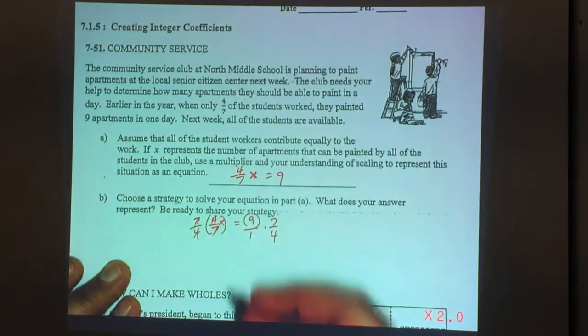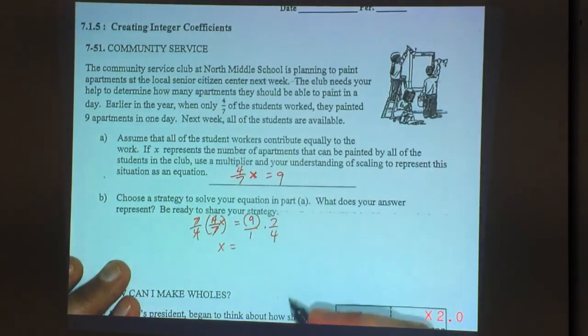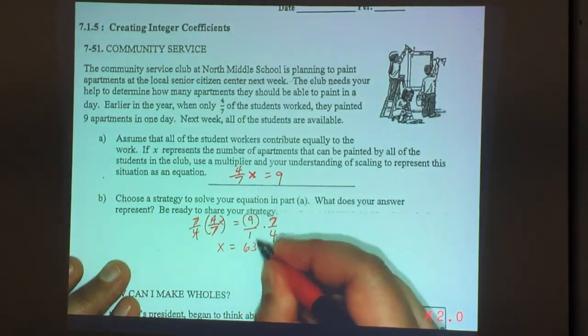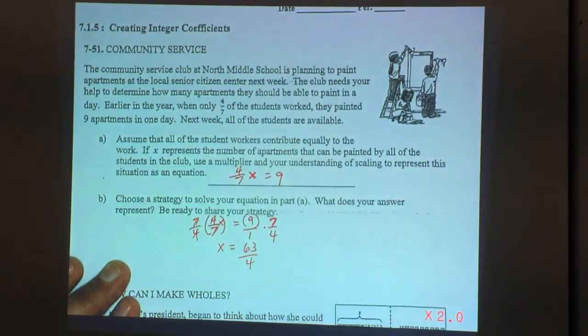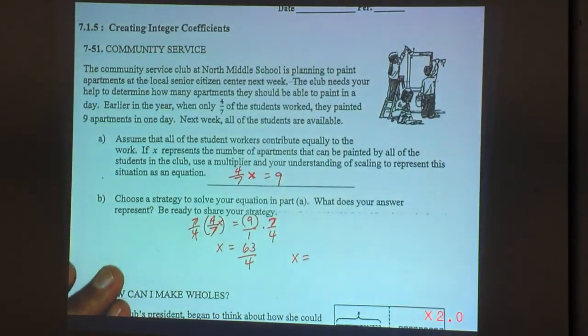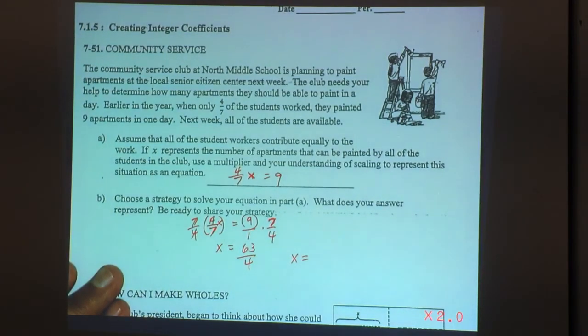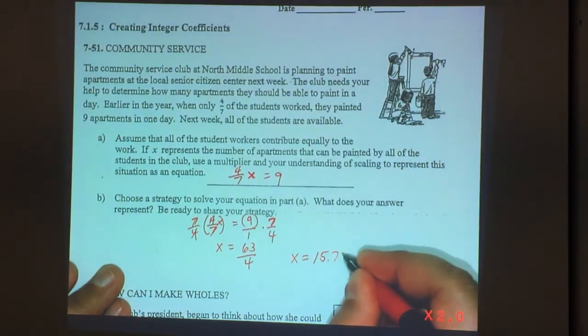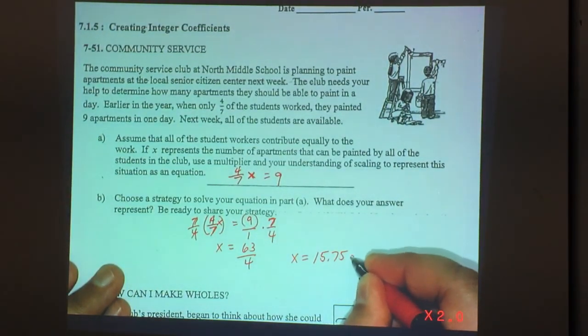Giant 1. Then I'm left with x equals, what's 9 times 7? 63. 1 times 4 is 4. Ooh, that's not going to go in there equally. Let's ask Google. Hey Google, what's 63 divided by 4? The answer is 15.75. Thank you, dear. 15.75 apartments.